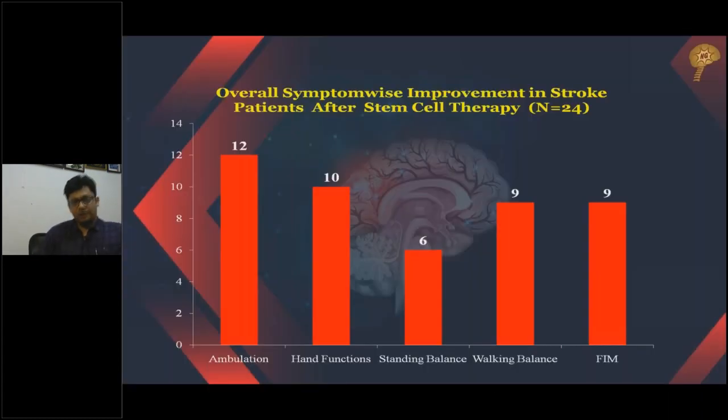The results of our study showed that after stem cell therapy and vigorous rehabilitation, out of 24 patients, 12 showed improvement in walking, that is ambulation, 10 in hand function, 6 in standing balance, 9 in walking balance, and 9 patients also showed improvement in FIM, the functional independence measure, which depends on your quality of life.